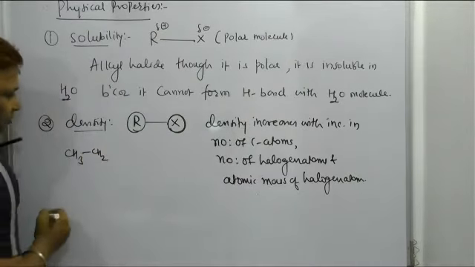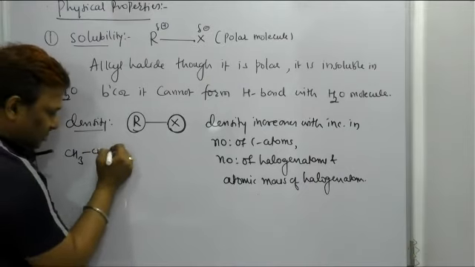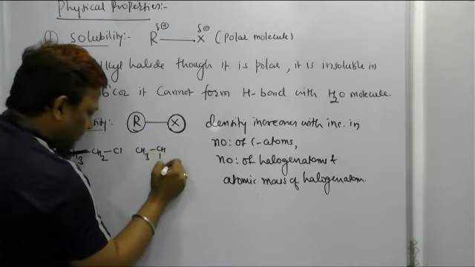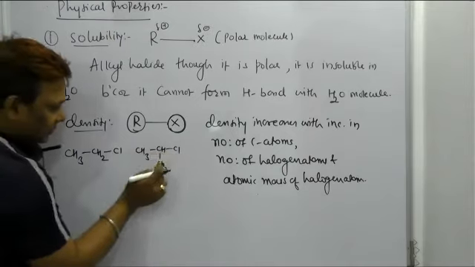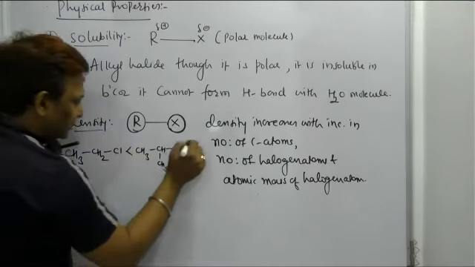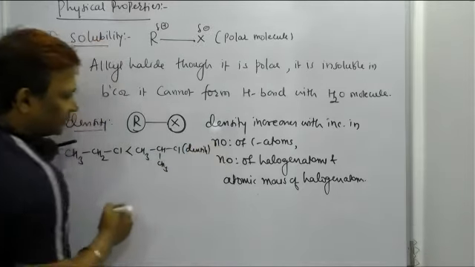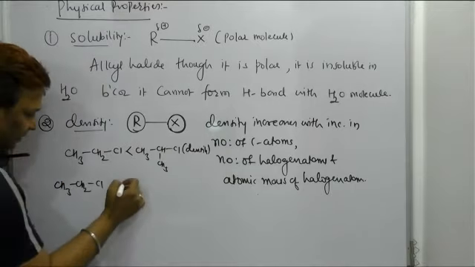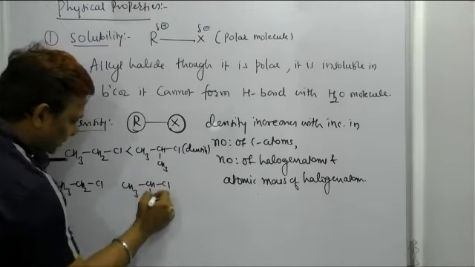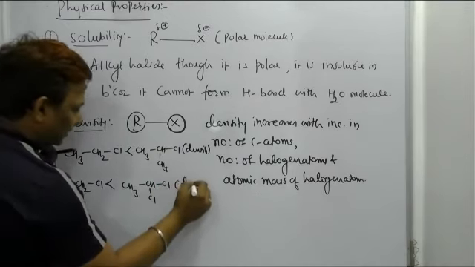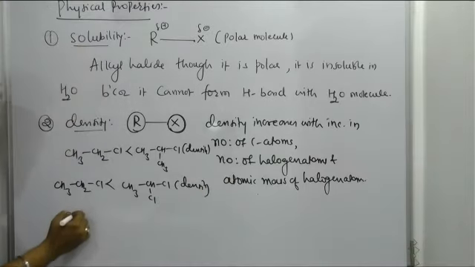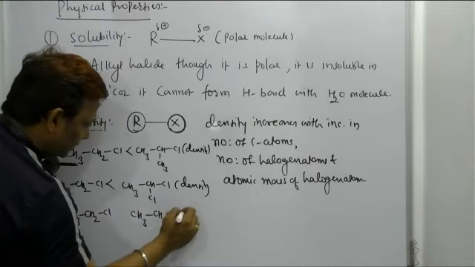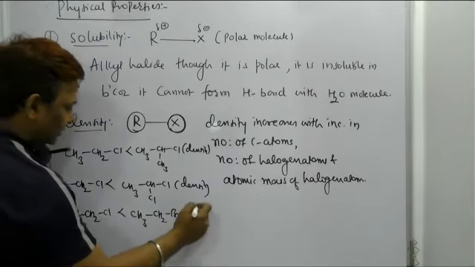See examples here. CH3CH2Cl and CH3CH2CH2Cl. The halogen is the same, but the number of carbon atoms is 2 here and 3 here, so this is the order of density. For number of halogen atoms, CH3CH2Cl and CH3CHCl2: the number of halogens is 2, so density increases.